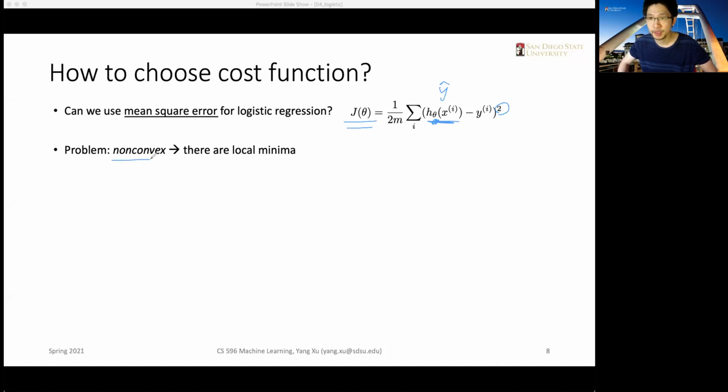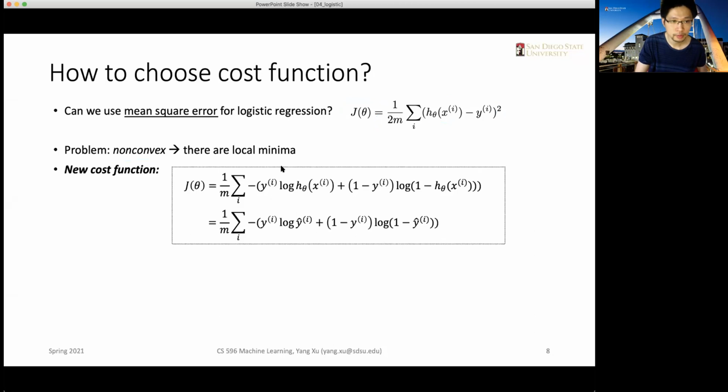The minima we find using gradient descent on this cost function will be unreliable, because they could converge to local minima which are not necessarily the global minima. So this type of cost function is not suitable for the logistic regression task.